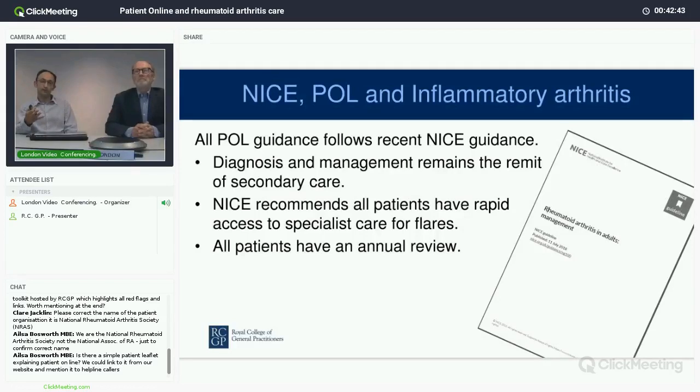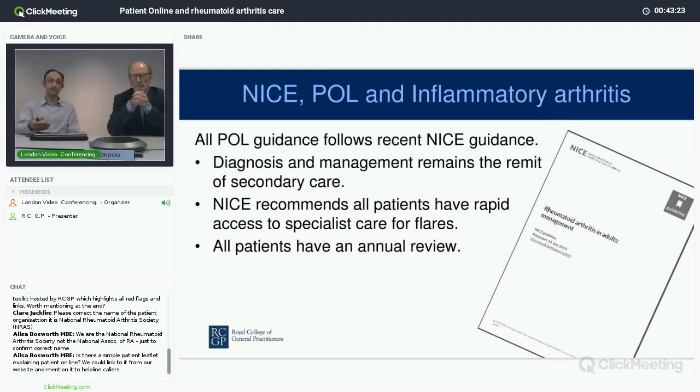We've talked about the fact that it's not just primary care that's involved in managing patient results, and indeed, we've tried to follow the recent NICE guidelines that came out in July around management of rheumatoid arthritis. We haven't talked about using Patient Online to manage flares or in the diagnostic part, because that still firmly rests in the specialist arena.